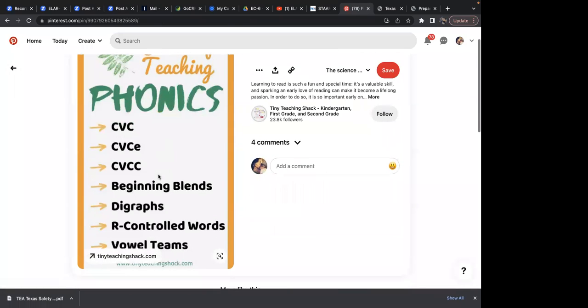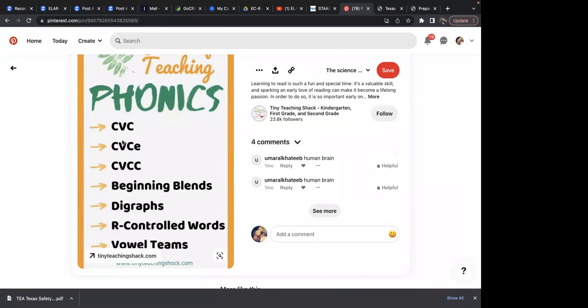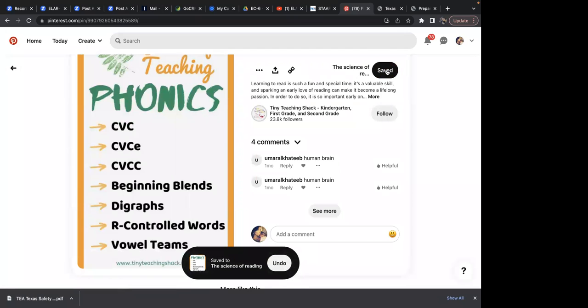Here is the order of teaching phonics, the patterns that we use: beginning blends, then digraphs, then controlled words, vowel teams. Remember, I spoke about vowel teams. I'm also going to place that in Science of Teaching Reading. I have a Science of Teaching Reading board and an ELAR board as well, and a core EC through 6 board. So if you want to take a look at those, you certainly should.